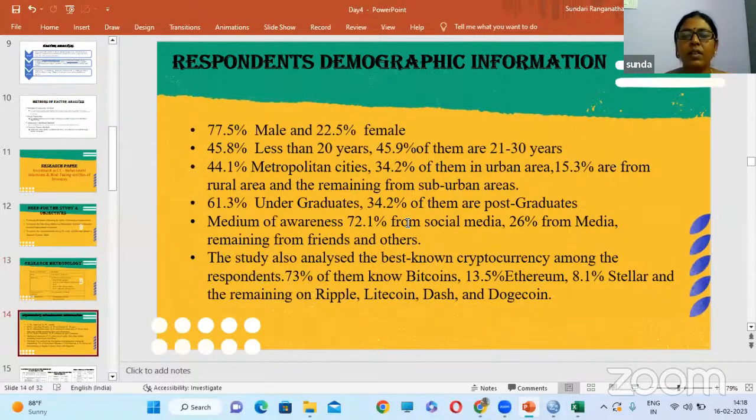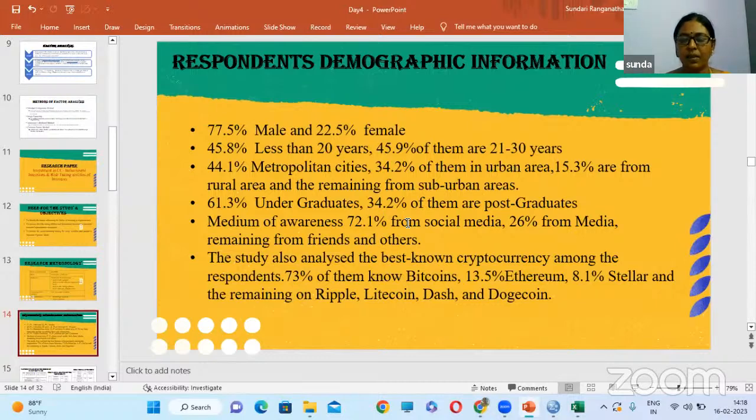This is about the descriptive analysis. On day 2, we were discussing describing the facts in your research. I have applied simple percentage analysis to find out the demographic details of my respondents.